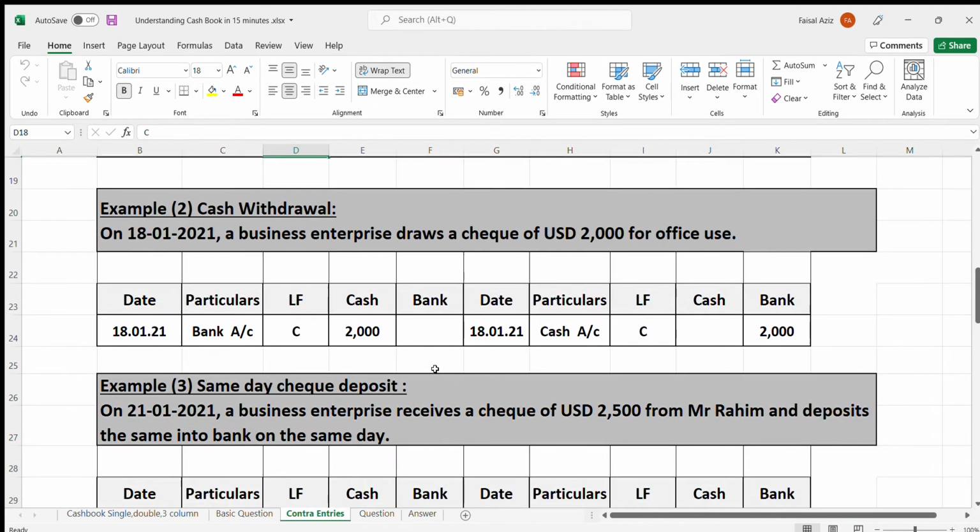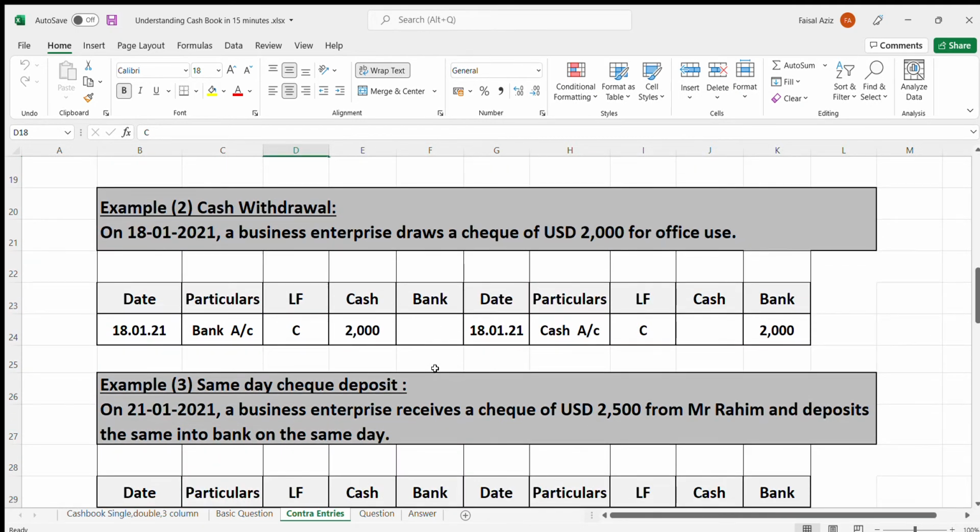Let's have a look at example number 2 regarding cash withdrawal. On 18th of January 2021, a business enterprise draws a check of $2,000 for office use. Now this transaction is opposite to what we have discussed earlier. When we withdraw money from the bank account for office use, for that we need to record again a contra entry.